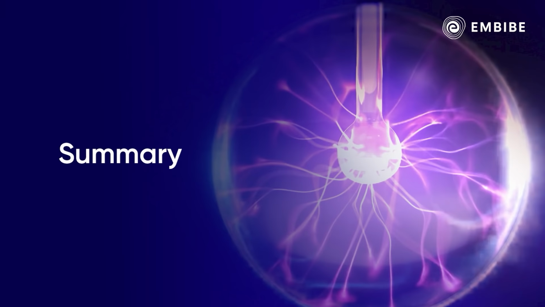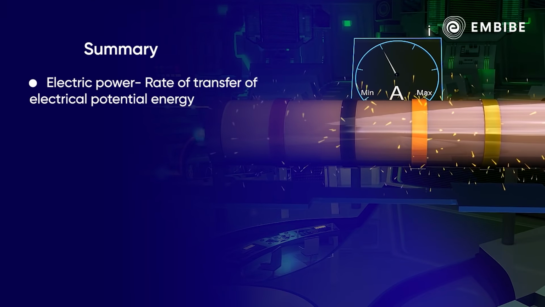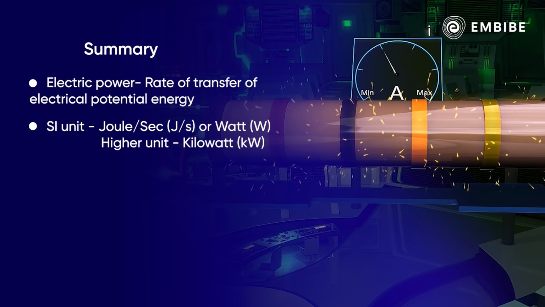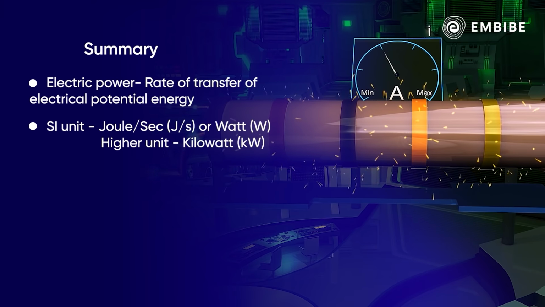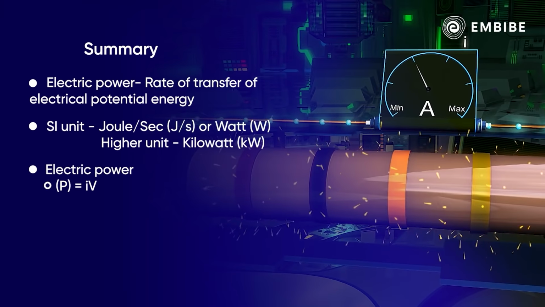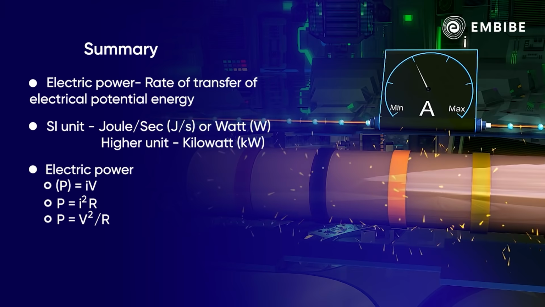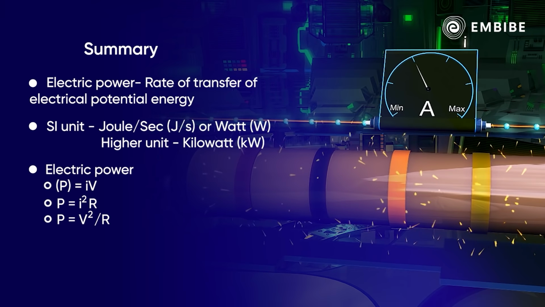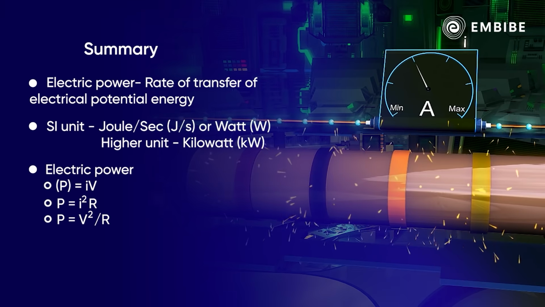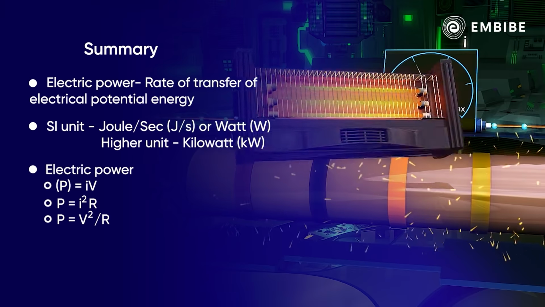To summarize, the rate of transfer of electrical energy is called electric power. The SI unit of power is joules per second, also known as a watt. Higher unit is a kilowatt. Electrical power is given as P is equal to IV. The two equations P is equal to I square R or P is equal to V square by R are applied to the transfer of electrical potential energy to heat energy in a device with resistance.